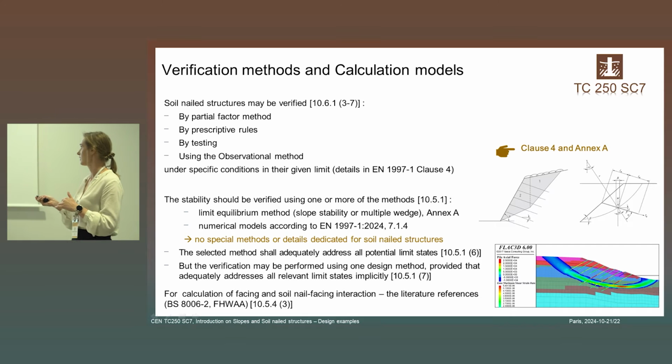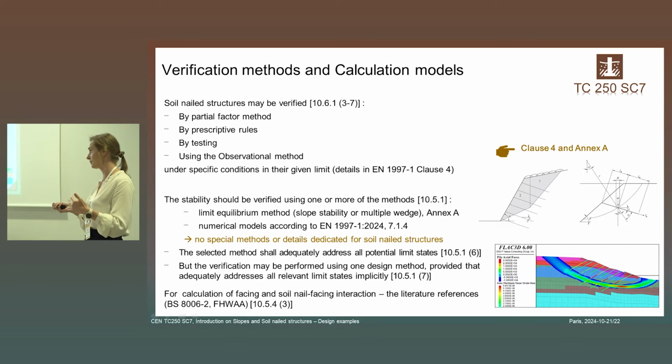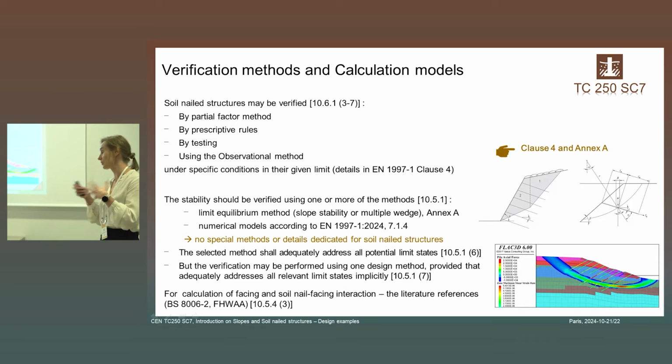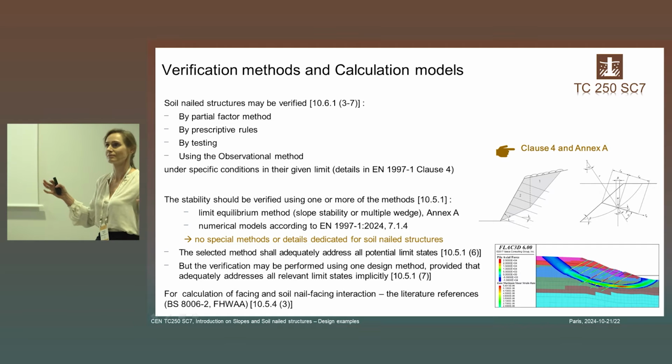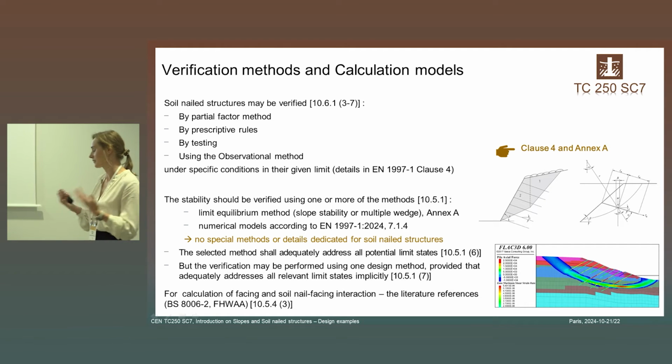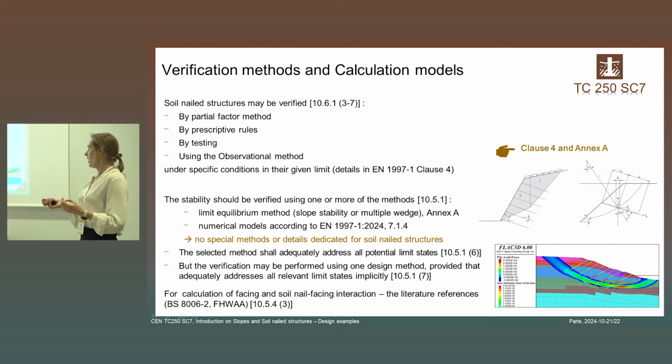These aspects are covered, as I said previously, in Annex A and Clause 4. And there is no guidance or very dedicated methods for soil nail structures. So we rely on the general provisions regarding stability.